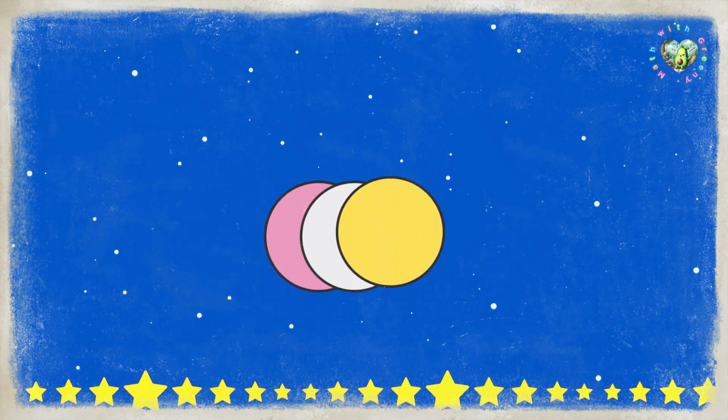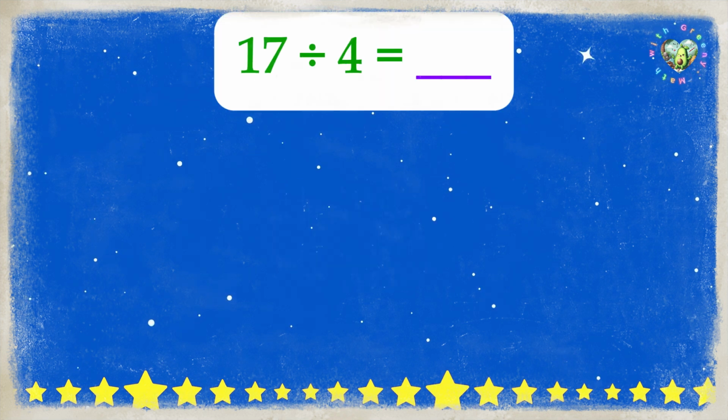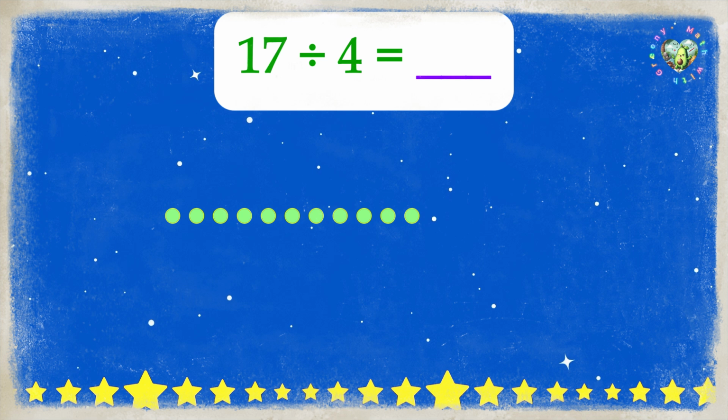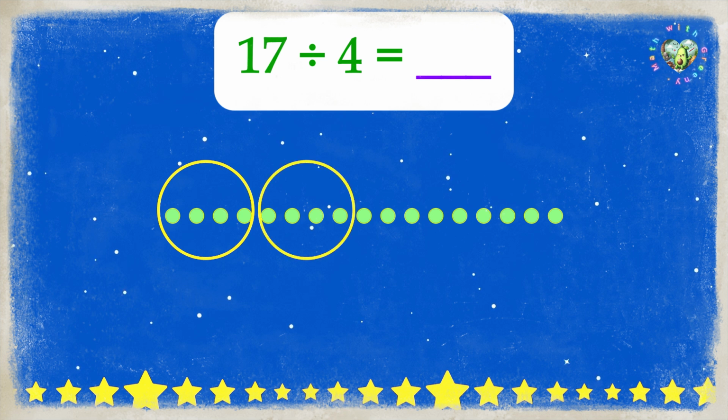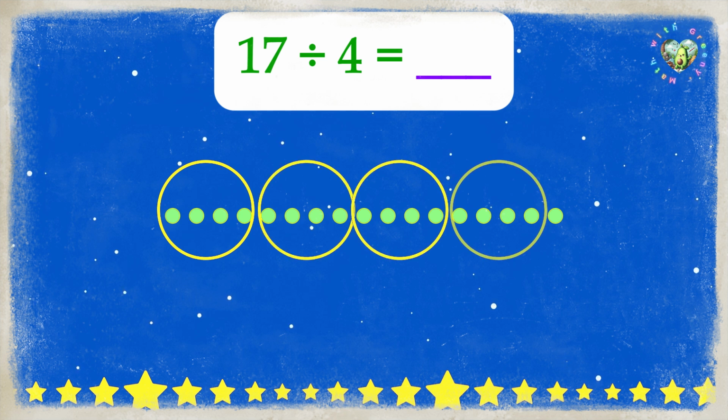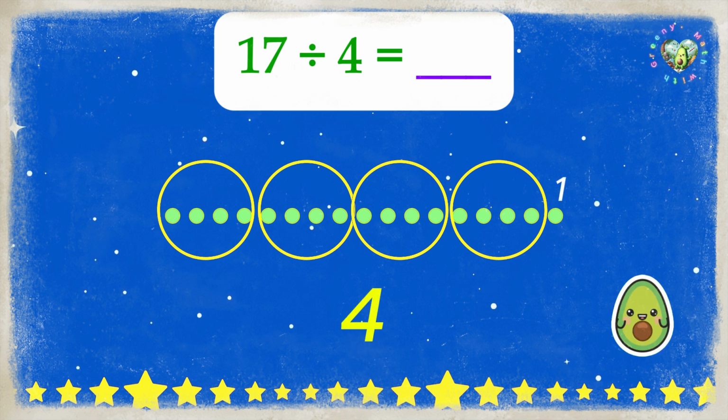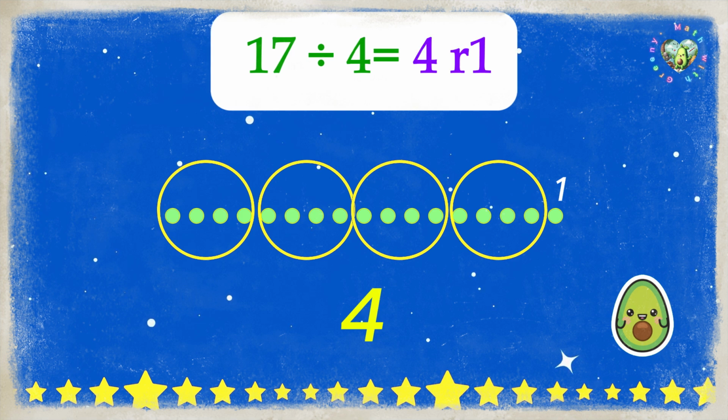Awesome! Next, 17 divided by 4. 17 divided by 4 equals 4 remainder 1.